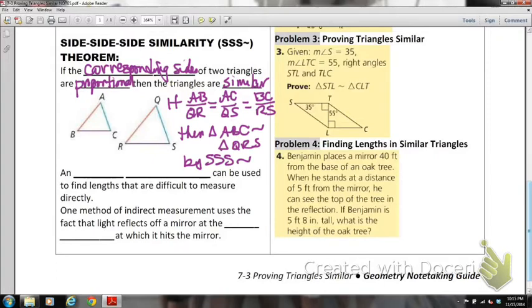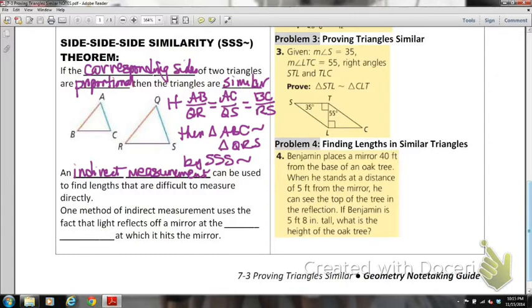The last thing in this lesson is about indirect measurement. An indirect measurement can be used to find lengths that are difficult to measure directly. And we'll use something called an angle of reflection to work this type of problem.